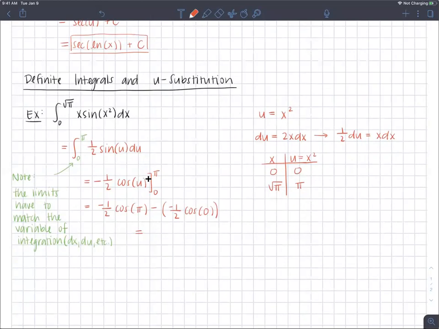And so here you're getting negative 1/2 times negative 1, minus cosine of 0 is positive 1. So this is positive 1/2 plus 1/2, so the answer here is 1. So are there any questions on, and so I'll call this method 1. And then I'll do another method right now.